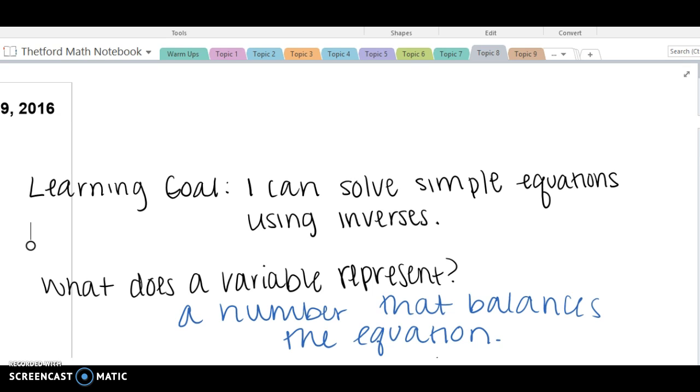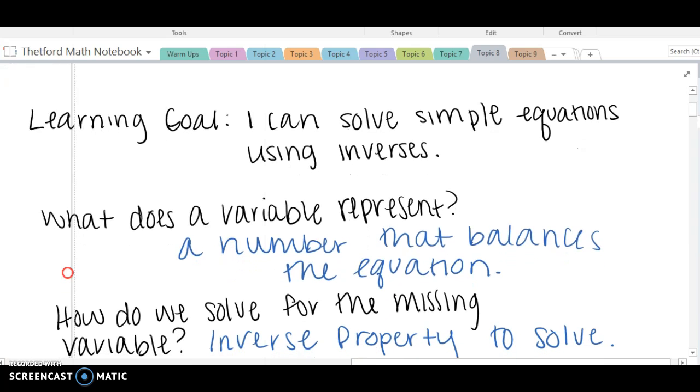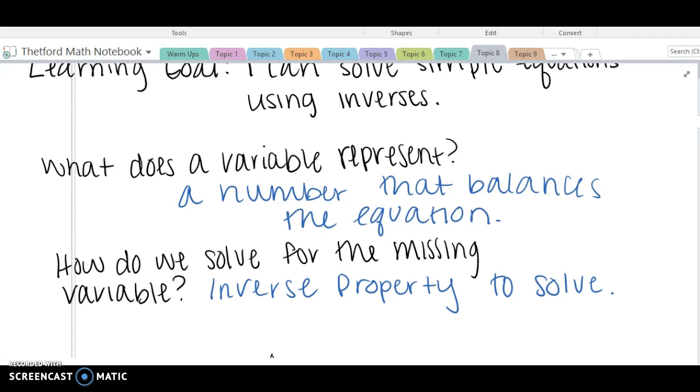Sometimes it's hard to understand when we're just using words, but that variable, or that letter, is a placeholder for a number that makes that equation true. You'll see that today. Your next question is, how do you solve for a missing variable? You solve by using the inverse property.